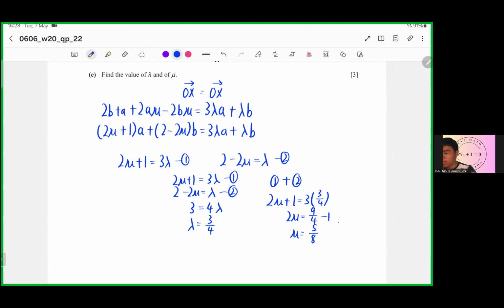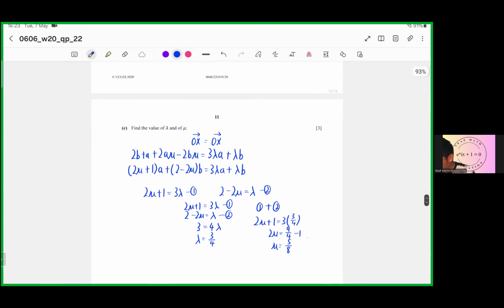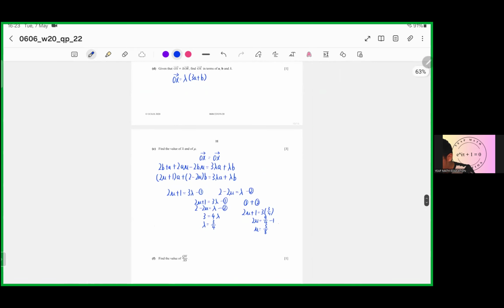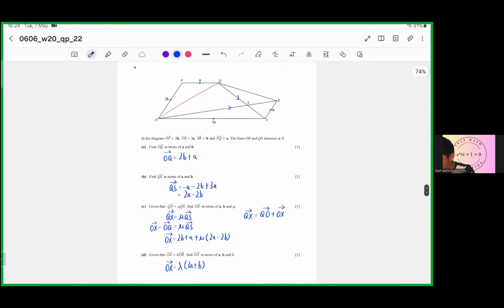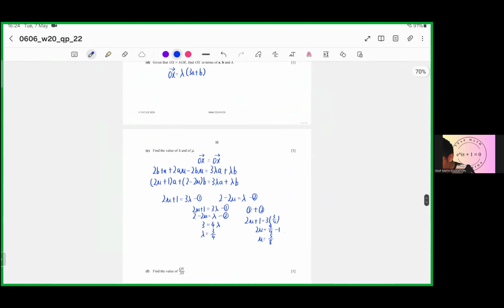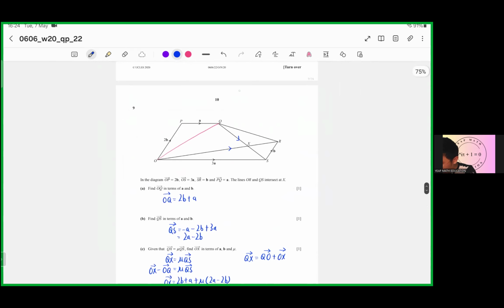So U equals 5 over 8. Okay, and then we look at the find the value of QX over XS. So we see QX equals 5/8 QS.